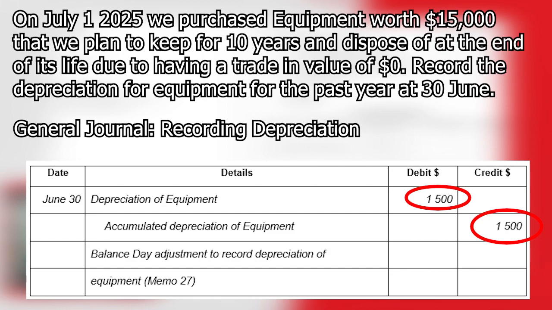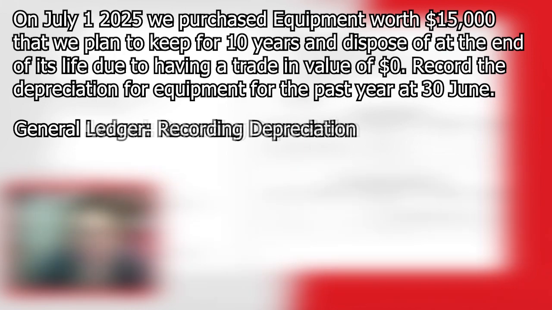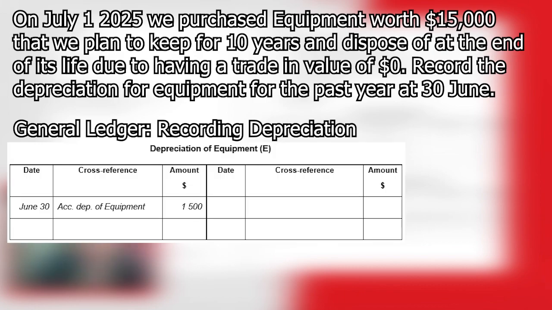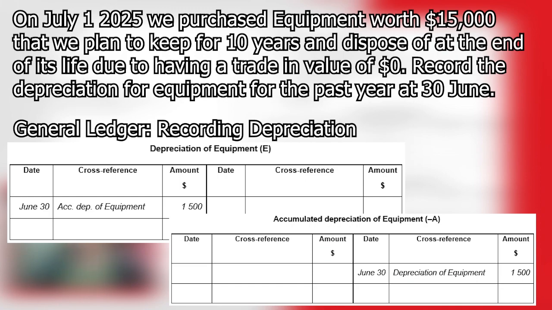Now, I'm going to bring up the general ledgers here. So you can see depreciation of equipment, 1,500 as a debit, and the cross-reference accumulated depreciation of equipment. Ideally, you should be writing it in full, but as you can see, I'm a bit short on space. And in the accumulated depreciation of equipment, we see here it's a credit, June 30, depreciation of equipment, 1,500.